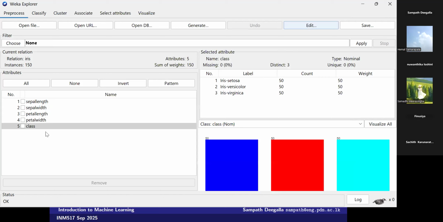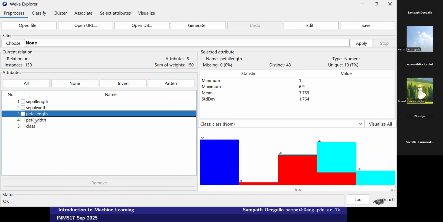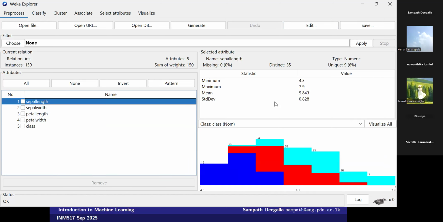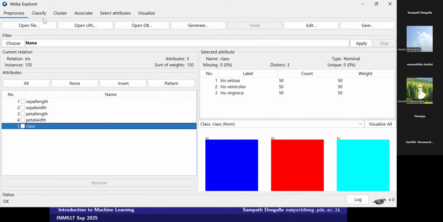We have 50 instances from each class. And then you can see how the data is distributed. This is numerical data, so in this panel you notice the minimum, maximum, mean and standard deviation values. So that's how it works.